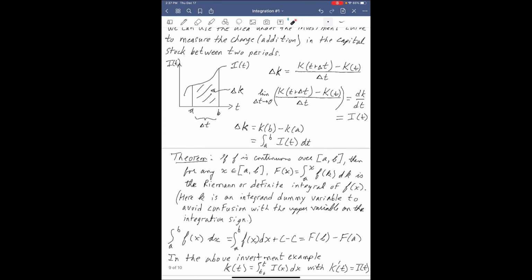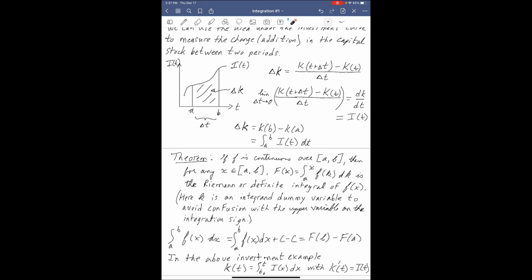A theorem is that if f is continuous over the closed interval AB, then for any x that's an element of that closed interval AB, the integrand is given by the integral from a to x, where x is somewhere inside that AB, of f(k) dk, and that's the Riemann or definite integral of lowercase f of x.